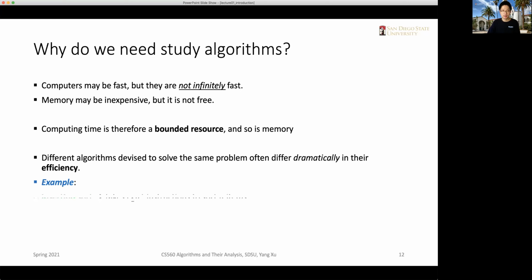So we'll compare two sorting algorithms. One of them is called insertion sort. We assume, and this is just a mental experiment, we don't have specific numbers, that the insertion sort will take C1 times n squared instructions.